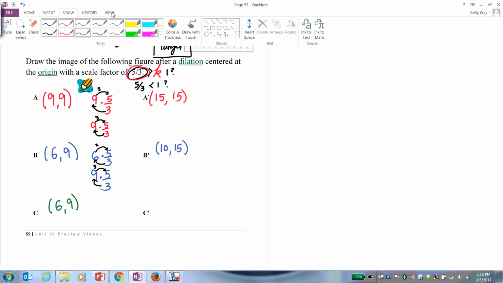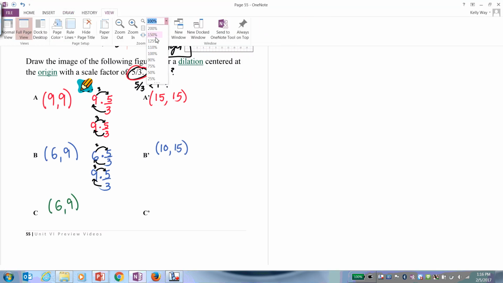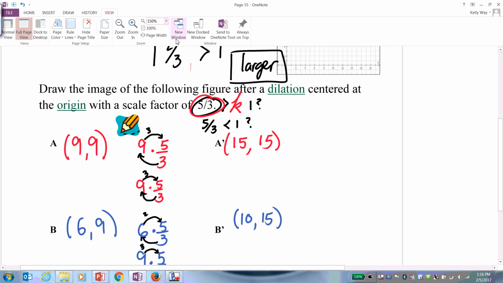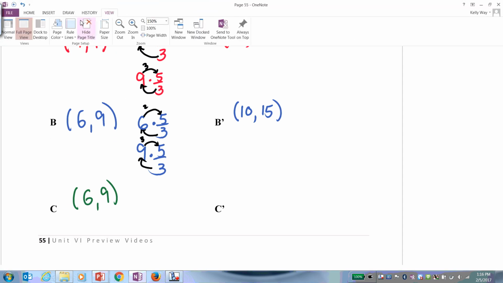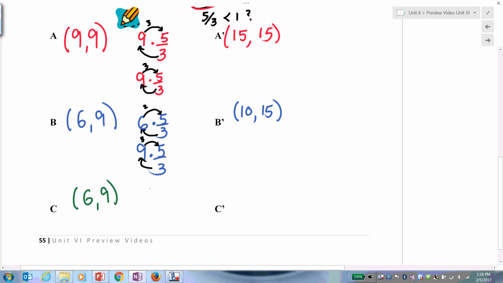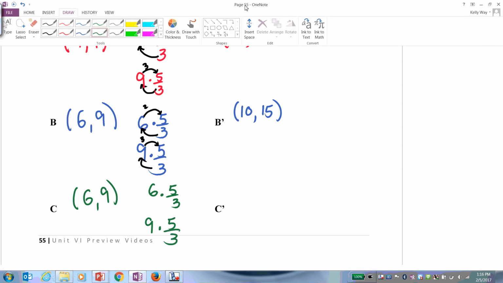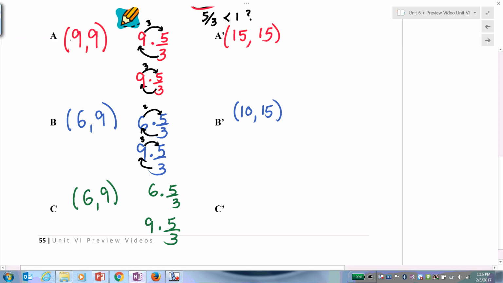Last process, 6 and 9. But we already did 6 and 9. I don't care. You're going to do it again for repetition. Repetition is good for the brain to develop habits. So we have 6 times 5/3, and then we have 9 times 5/3. You need the repetition, just like musicians do music drills and scales, just like athletes do drills. 3 goes into 6 twice.